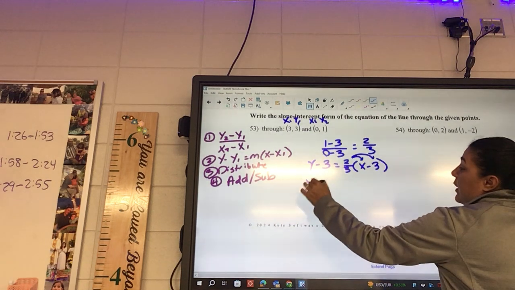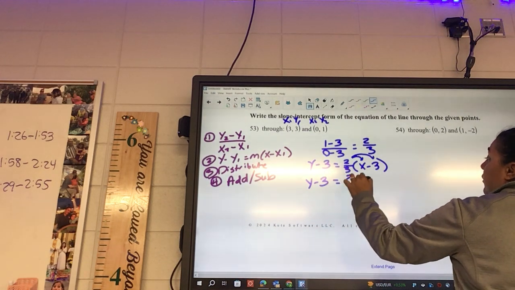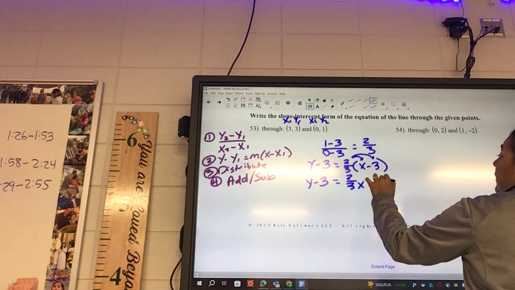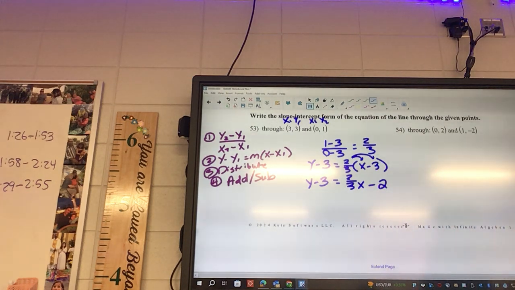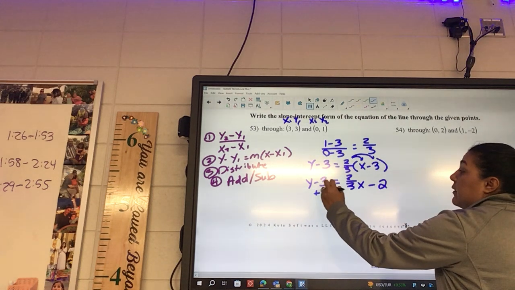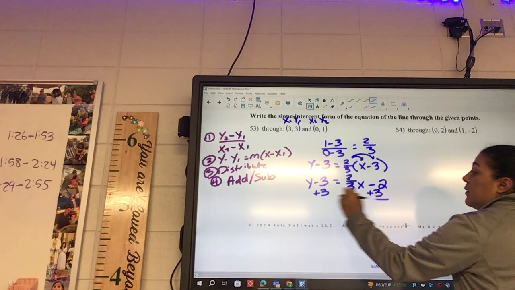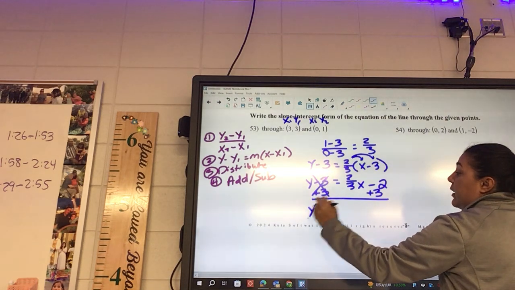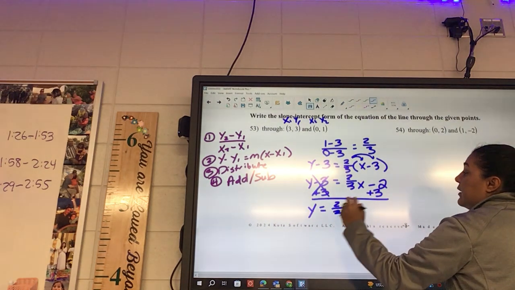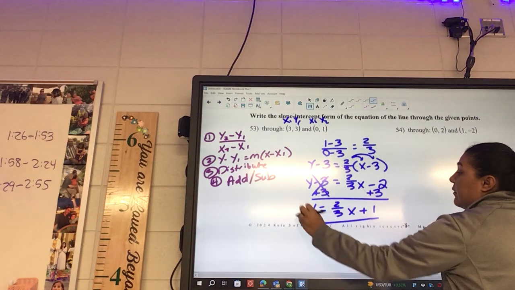Okay, so it's gonna look like y minus 3 equals 2 over 3x minus 2. Okay, then am I gonna add or subtract? Add. Add 3 to both sides. Okay, so we get y equals 2/3 x plus 1.